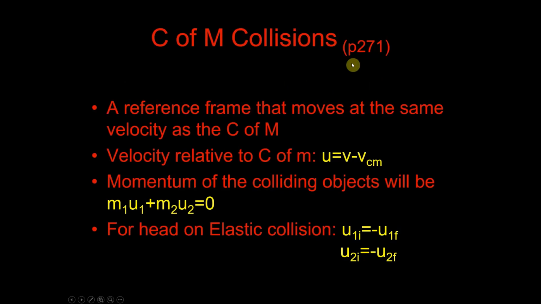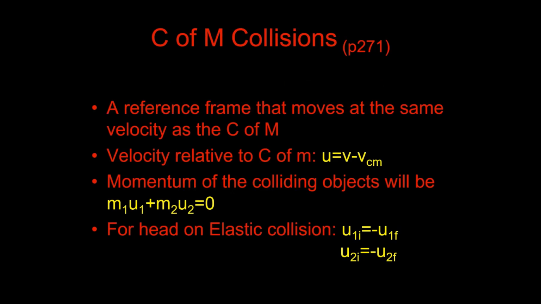One of the things that can be done is looking at collisions in the reference frame of the center of mass. The dynamics here are exactly the same as looking at one object relative to another object hitting it and looking at those impacts.